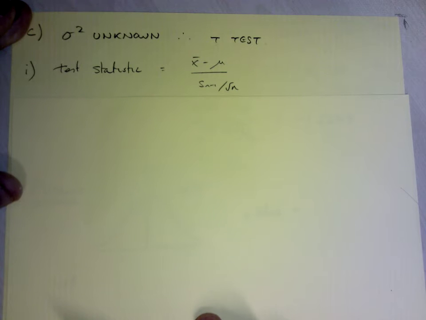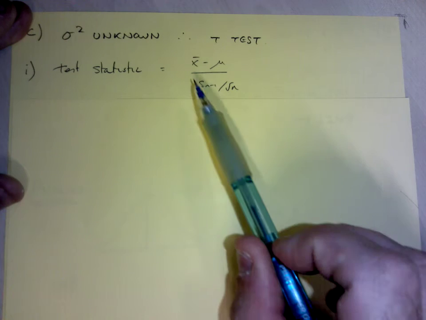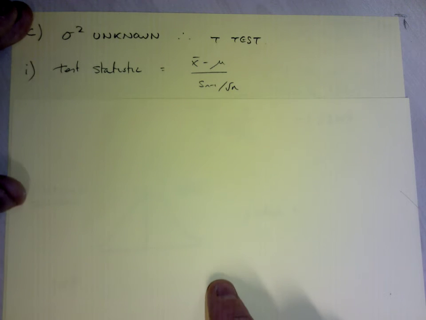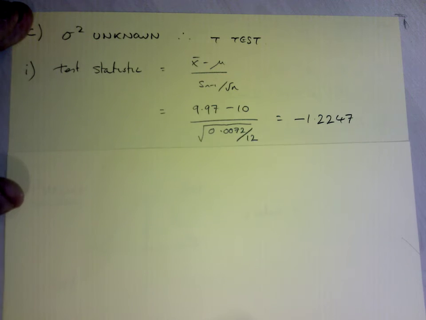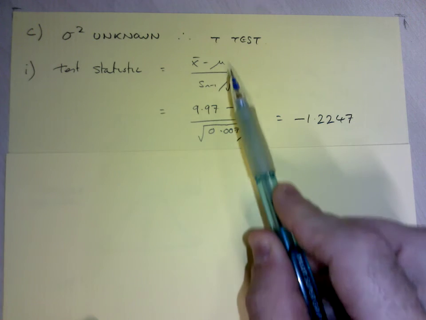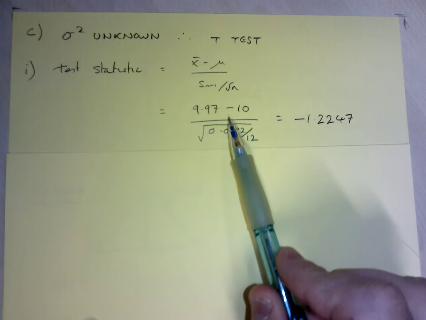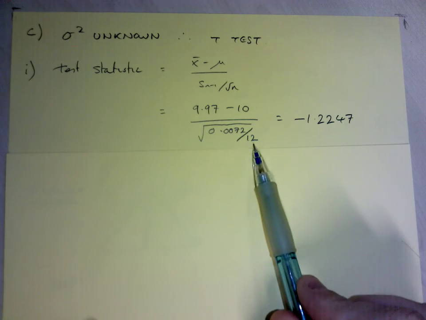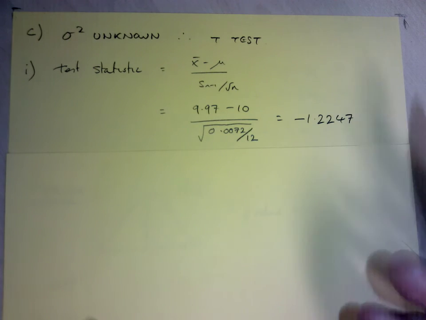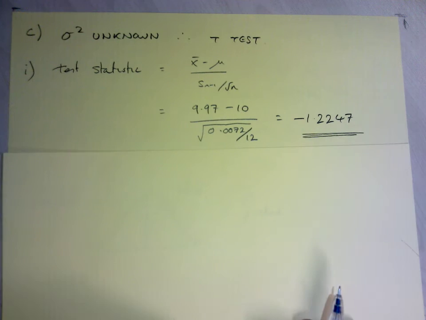I know that the test statistic for a t-test is given by this, and so I can put in the values that I know. I've calculated x bar. The mean, according to the null hypothesis, is 10. Sn minus 1 is square root 0.0072, and n is 12. So I've got my test statistic there at this.